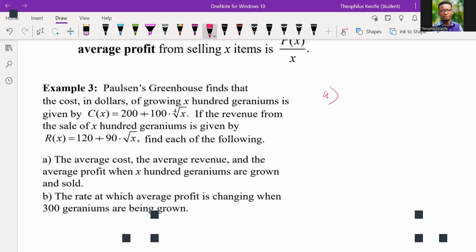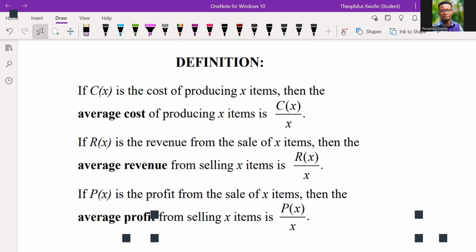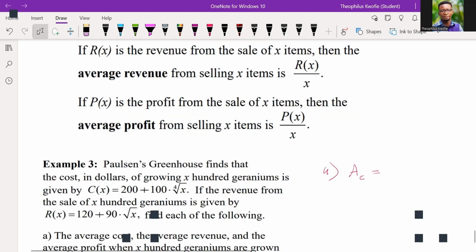So for the average cost, I'm going to use AC, or A subscript C, to represent the average cost. So average cost, we said, is what? Per our definition, average cost is the cost of producing x items, all divided by the number of items that have been produced. Okay, good. That's what we said.